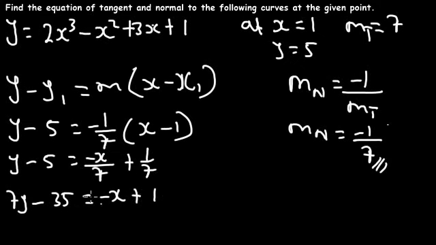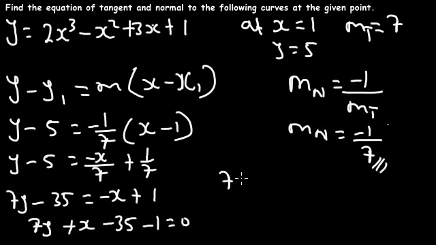And let's just set everything equal to 0. Then we have 7y plus x minus 35 minus 1 equals 0. And finally, we have 7y plus x minus 36 equals 0, perfect.